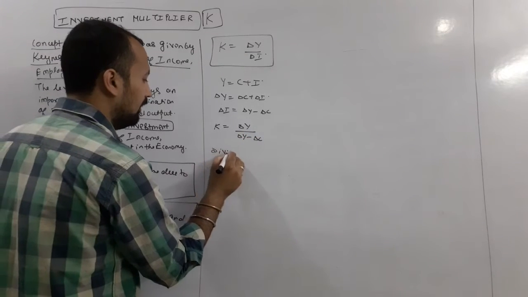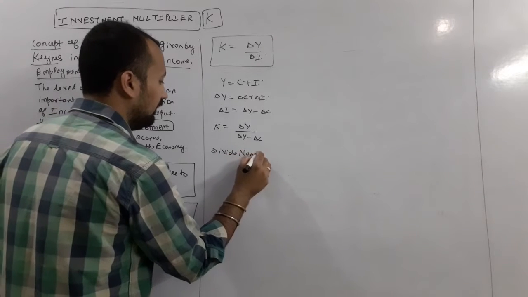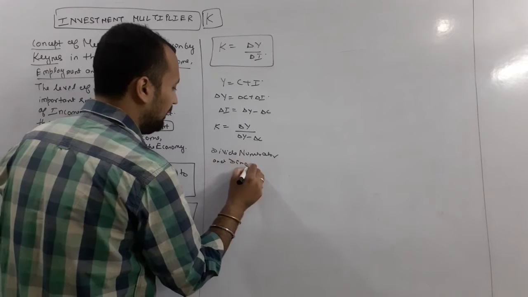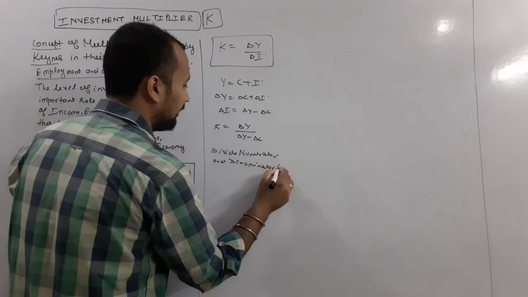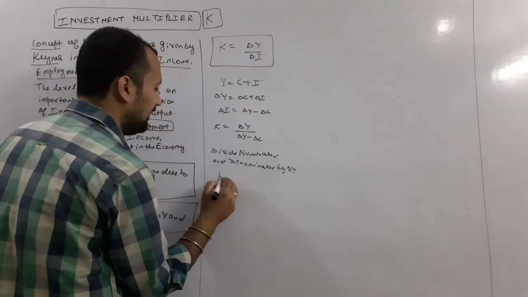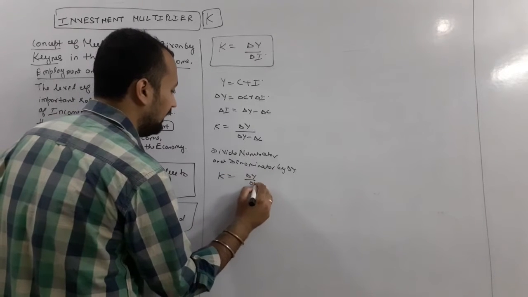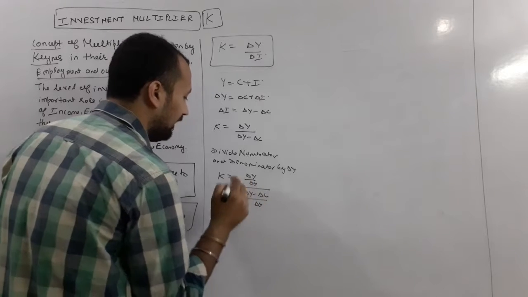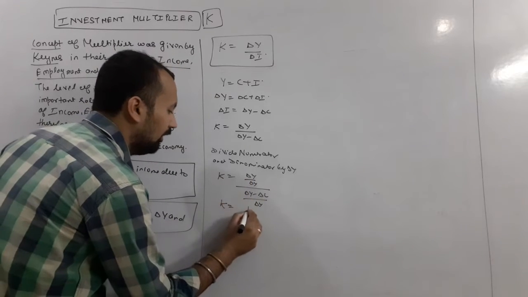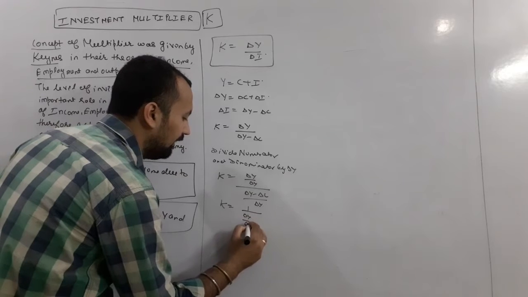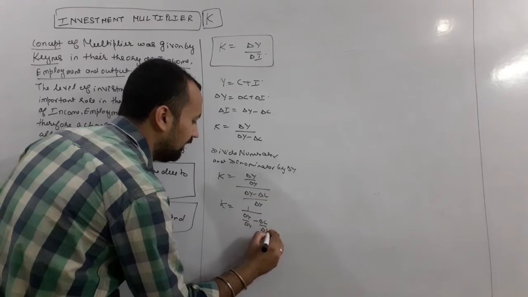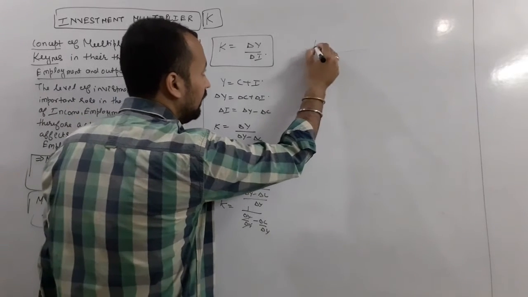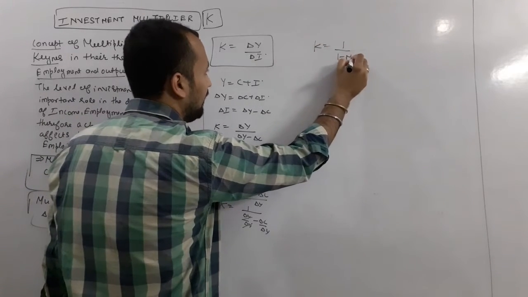Divide numerator and denominator by delta Y. So we will get delta Y upon delta Y, upon delta Y upon delta Y minus delta C upon delta Y. It can be written as K equals 1 upon 1 minus MPC.